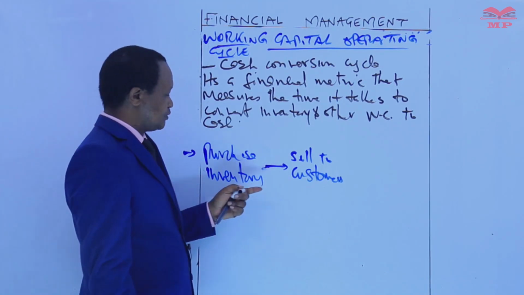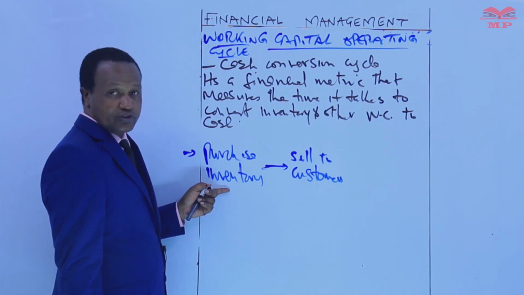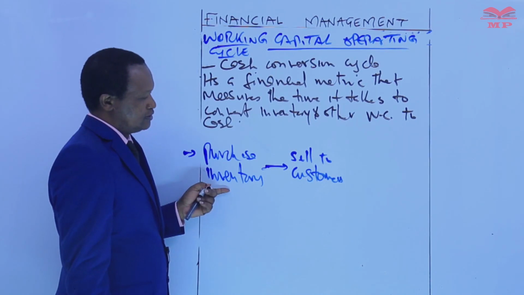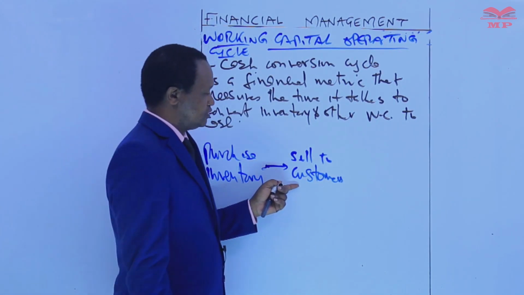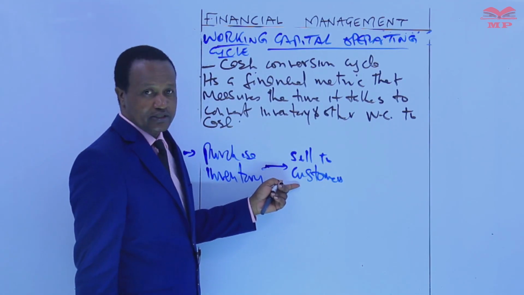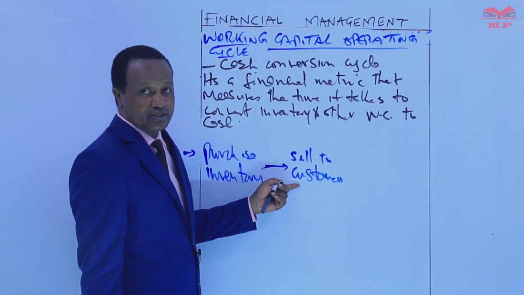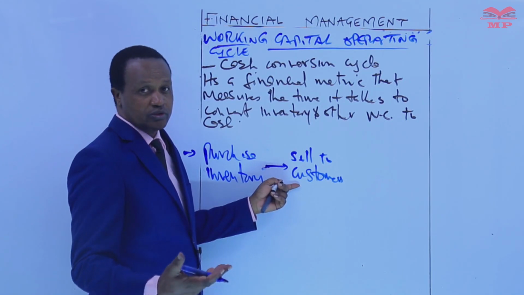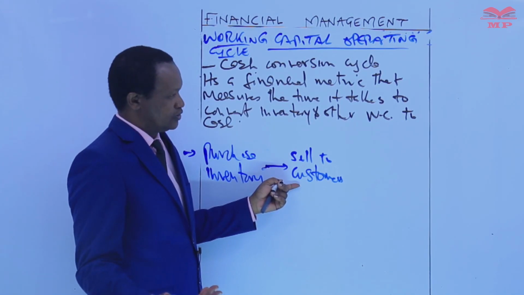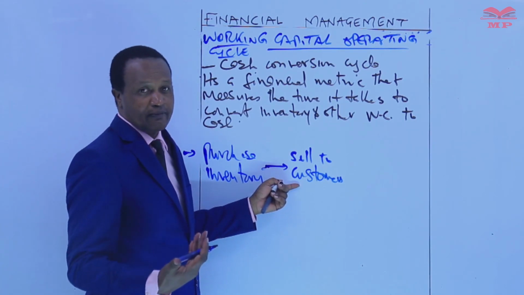So it takes time to purchase inventory. Then after inventory is purchased, it is sold to customers. These customers are called debtors or trade receivables. Receivables, they will take time to pay.